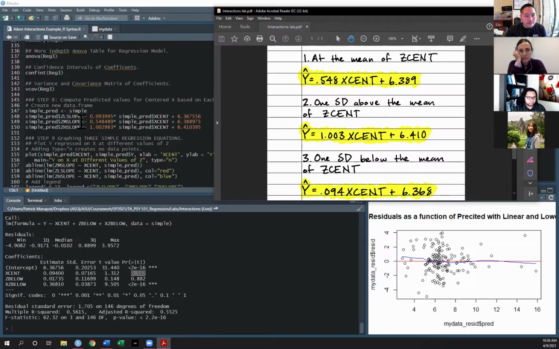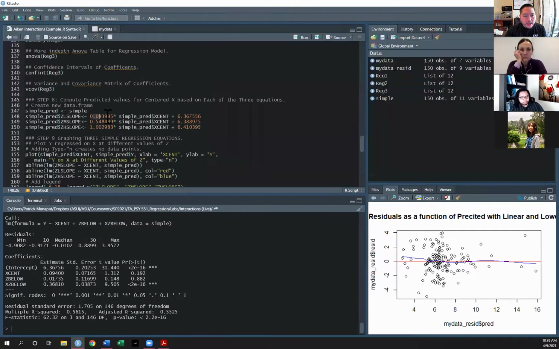Looking here at one standard deviation below the mean, which we'll call Z low, it's the coefficient times the centered variable plus the intercept. So this is the simple regression equation for one standard deviation below the mean of Z.